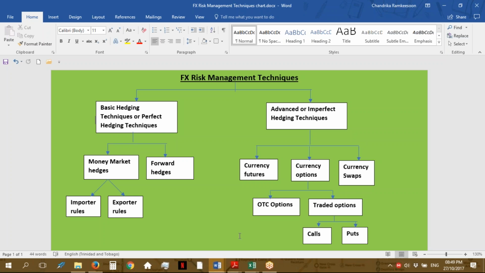For example, take an exporter who is receiving money in 3 months or 2 months' time. Let's say it's a UK firm hedging and they are exporters, they will receive dollars from a US firm. So they have exchange rate risk, and they wish to hedge using a money market hedge. They know with complete certainty that in 2 months' time, when that dollar is converted into sterling, I know today what the sterling outcome is going to be.